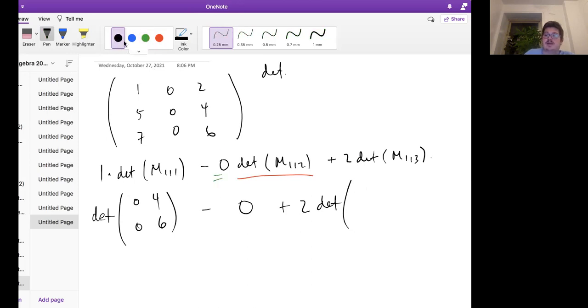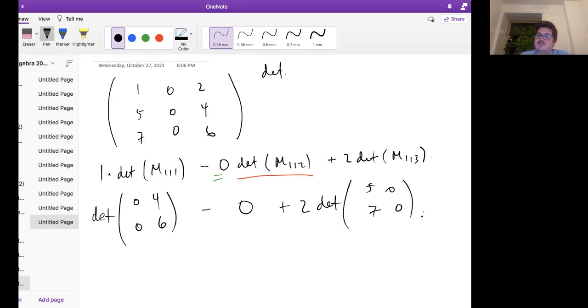So I just skipped that one, but that is true. So M13 is 5070. Okay, what are the determinants of both of these? Both of them are 0, correct.